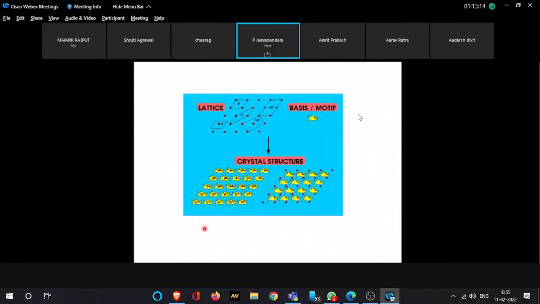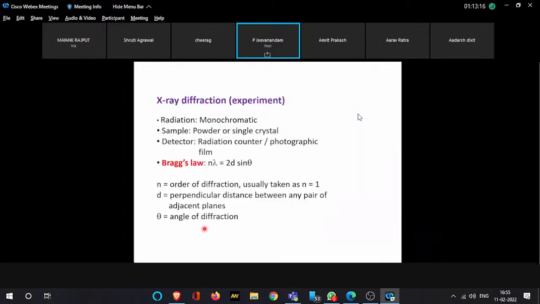I think I have already explained this to you. Now, have you studied a little bit of X-ray diffraction somewhere? Yes, sir. Modern physics. Okay, so I am sure you are familiar with this. You use monochromatic radiation of X-rays. Obviously, monochromatic means you are fixing the wavelength.